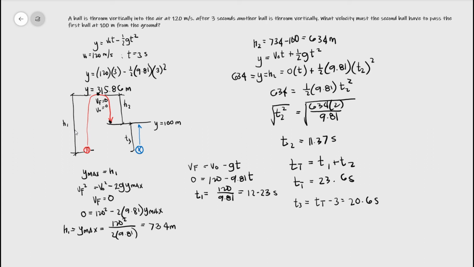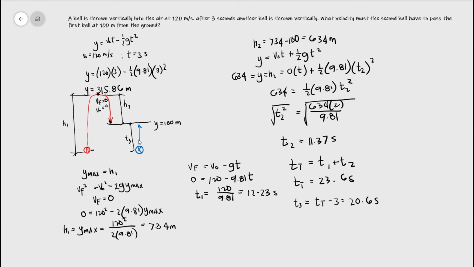Okay, meaning ball 1 is thrown upward, then after 3 seconds, this ball is thrown upward. Then at a certain height, wherein this one is 100 meters, they meet each other. Therefore, we deduct 3 from the time traveled by ball 1, and that is the time ball 2 is being thrown upward.